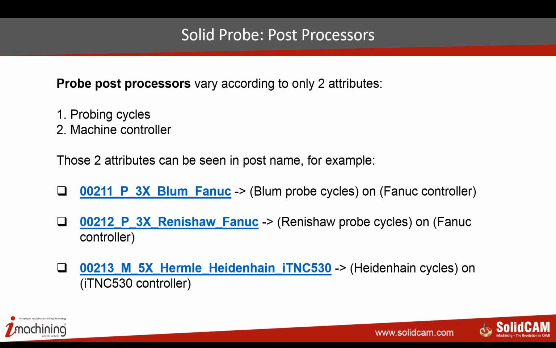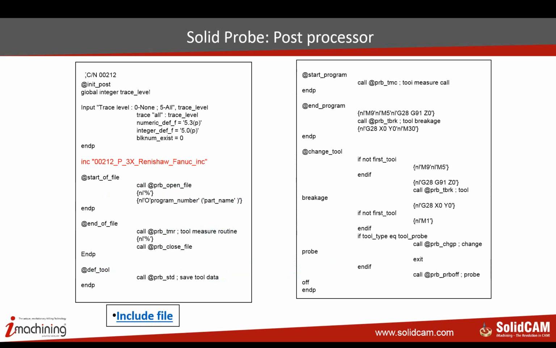A lot of combinations that we need to take into account when we write the post-processor. But the important thing is that we don't need to change the post-processor, because the customer already has a working post, and to give him the support for the probe now, we are going to add only one line in the post, include a file.